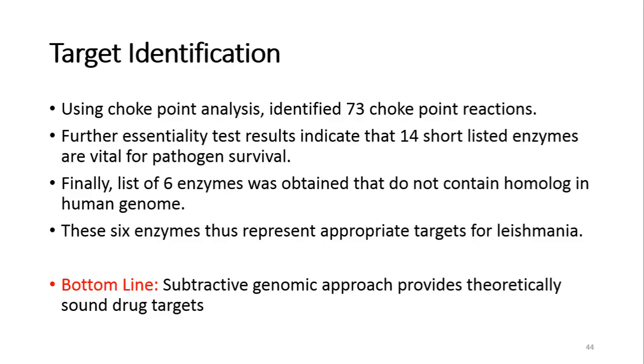And with the further essentiality test that I have already told you, performed on the DEG server, we shortlisted 14 enzymes that are vital for pathogen survival. And finally, after doing a series of PSI-BLAST searches in the host genome, we ended up with 6 enzymes. And now we say that these 6 enzymes represent the appropriate targets for Leishmania.